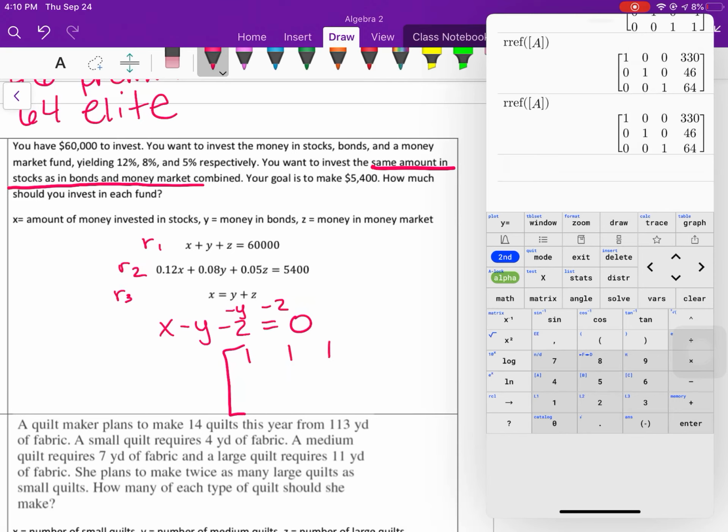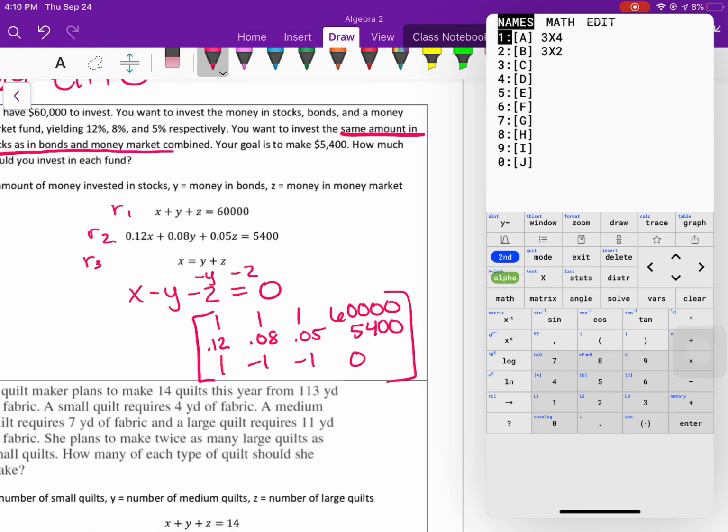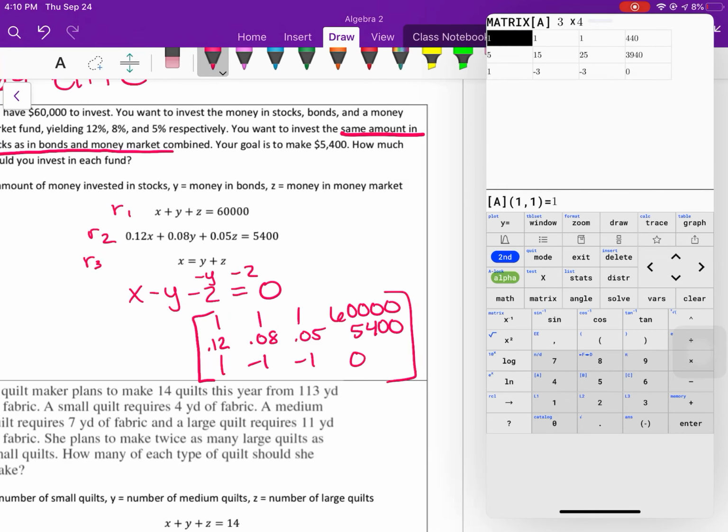So then your augmented matrix will be 1, 1, 1, 60,000. Then 0.12, 0.08, 0.05, and then 5,400, and then 1, negative 1, negative 1, and 0. So be careful when you are plugging that in, that you plug it in correctly.